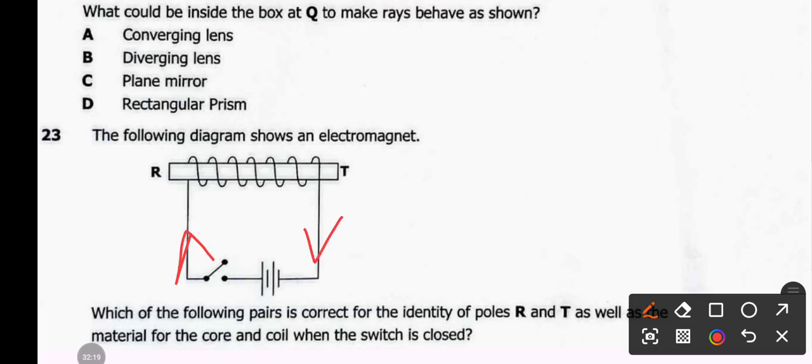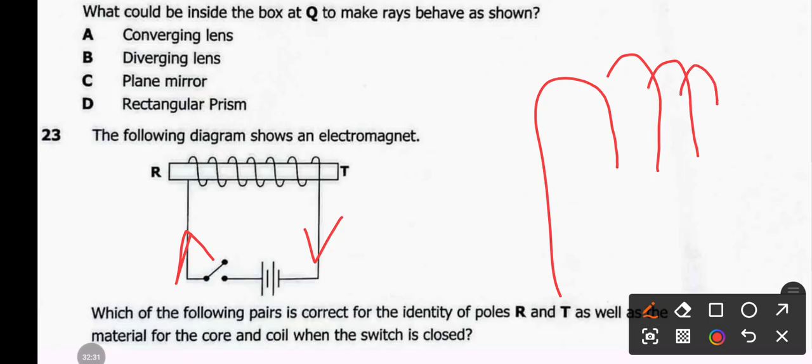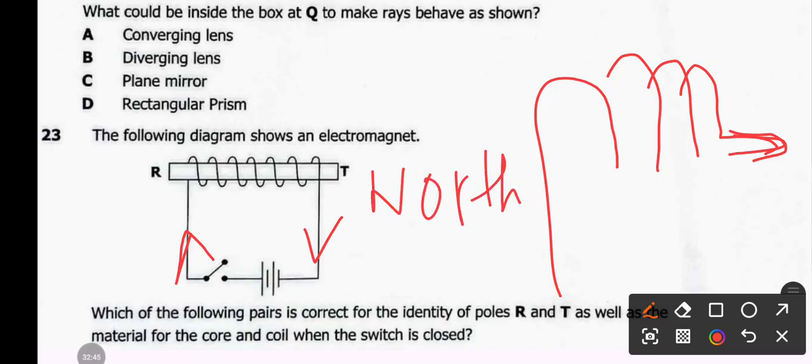So here we are expected to grasp this conductor like that. If the rest of the fingers hold the conductor like that, the thumb will automatically point in the direction of the North Pole. So if you do this, you find that T is actually a North Pole. And if this is north, then R should be south.